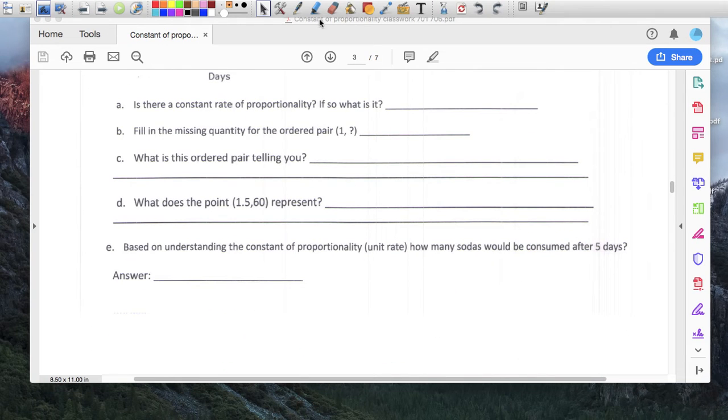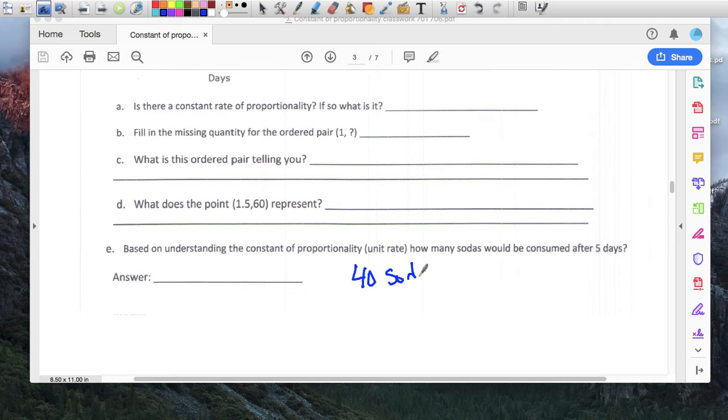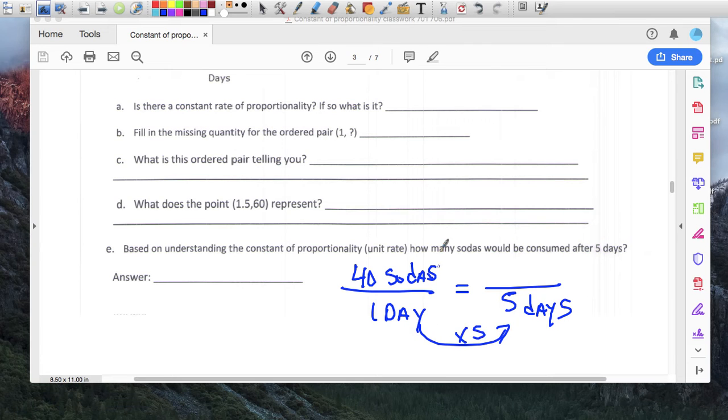Your unit rate is 40 sodas in 1 day. So you can create a proportion and find out how much they drink in 5 days. That's easy. Times 5, you get 200 sodas. That's a lot of soda. Oh, sugar.